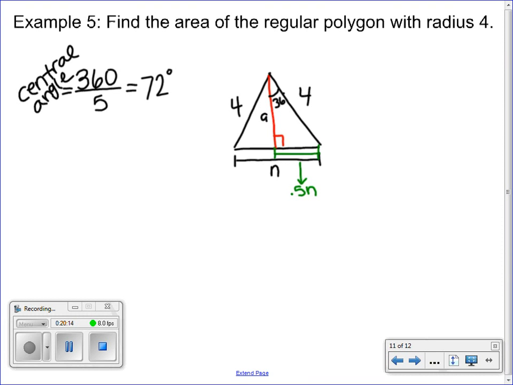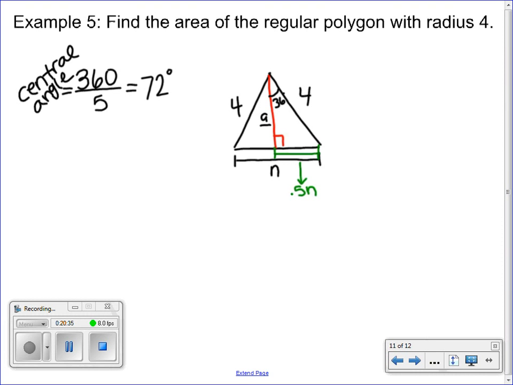So if I first want to find the apothem, I look at the right triangle. What relationship does the apothem, A, have with 36? It is adjacent. So my apothem is adjacent, and my 4, which is a given side, is my hypotenuse.